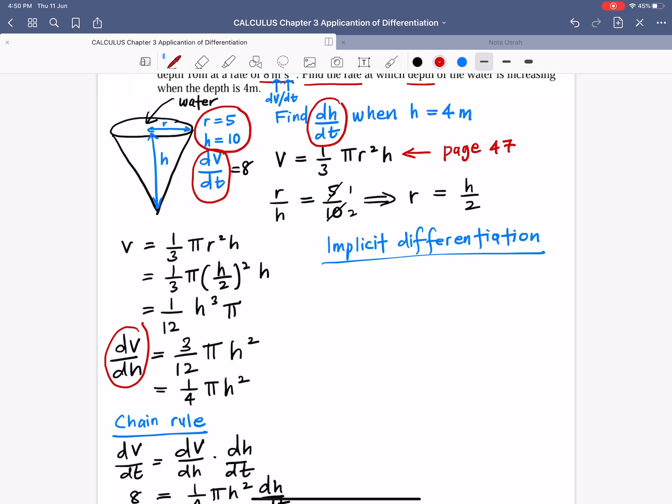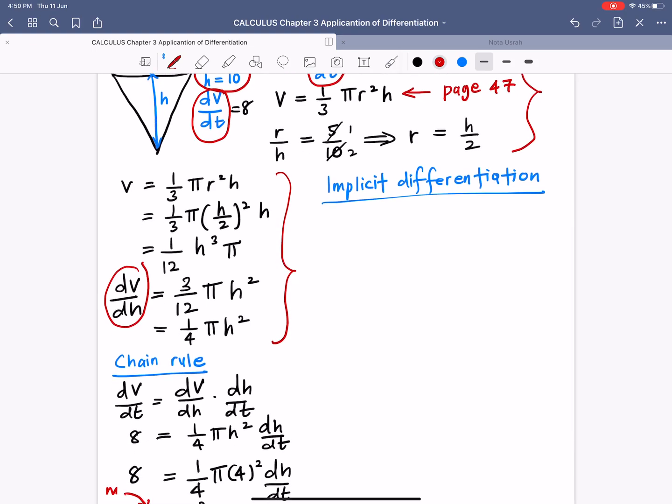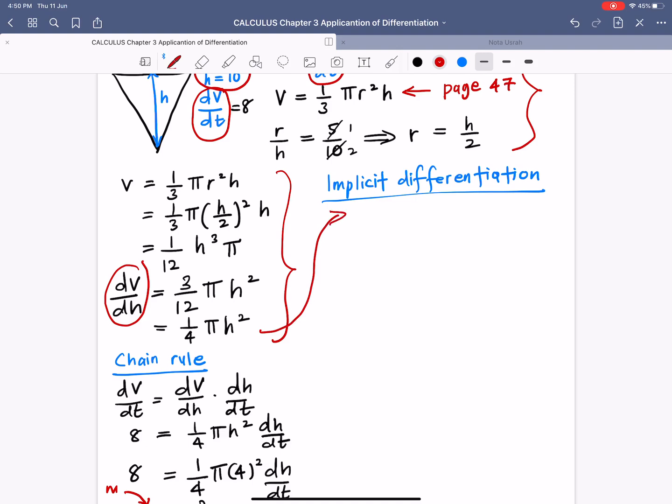We still use the same information up to here, and then from here we go to implicit differentiation, where we have V equals 1 over 12 h cube pi.